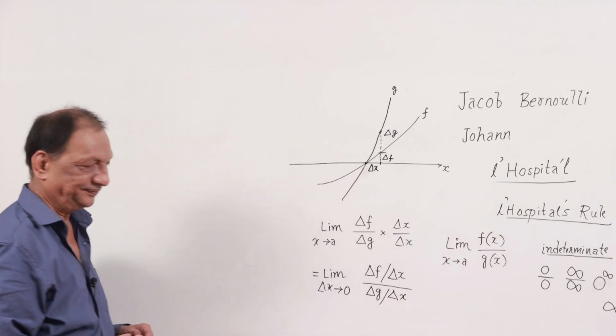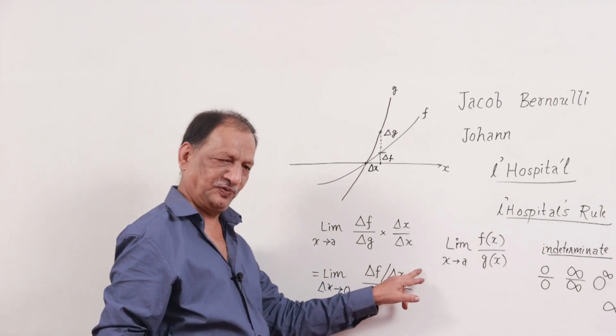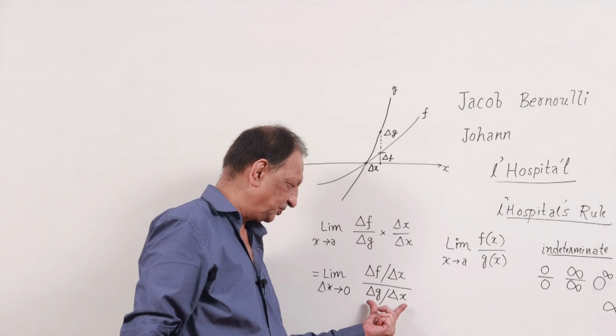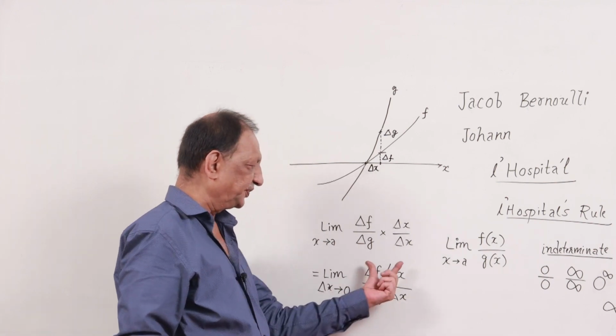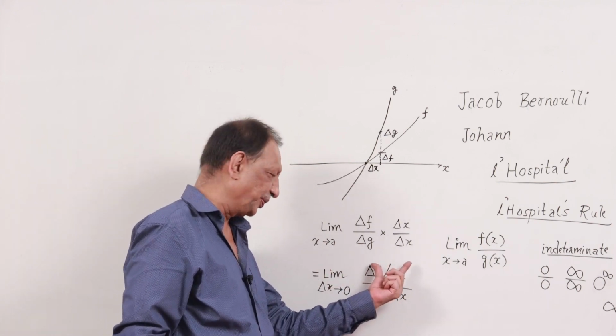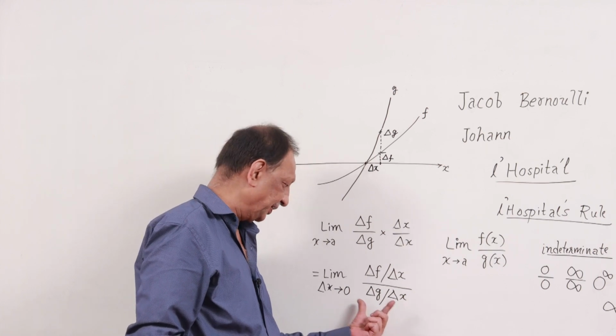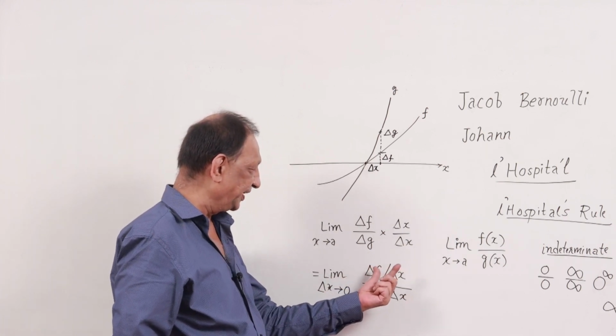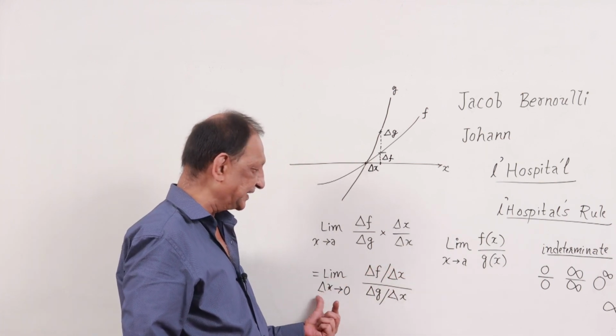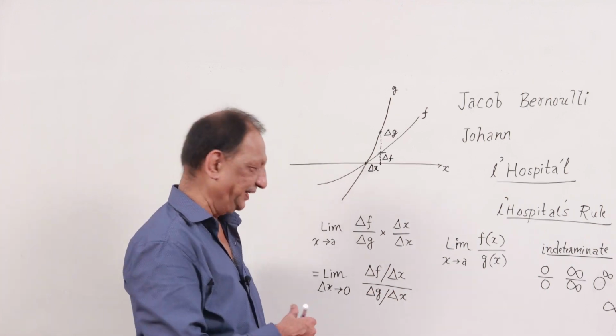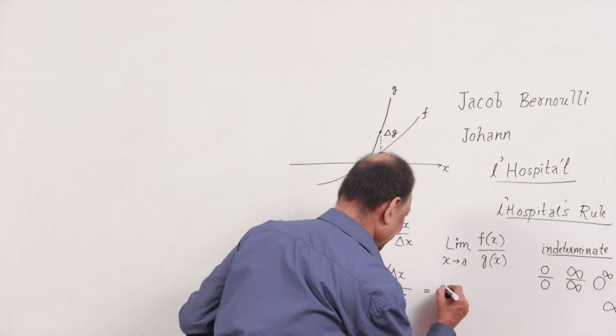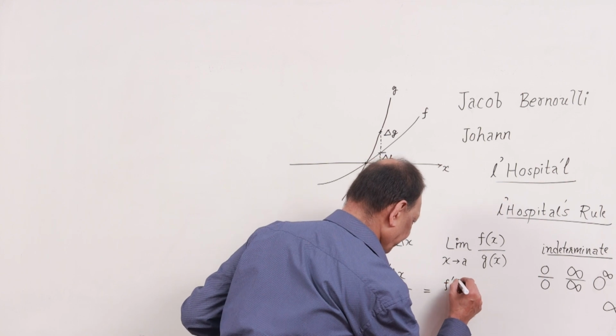Now I've got a ratio of two fellows, a fraction. The limit of this fraction is the limit of the numerator divided by the limit of the denominator. And what is the limit of the numerator? The limit of delta f by delta x as delta x goes to 0 is f prime, the derivative, f prime of x.